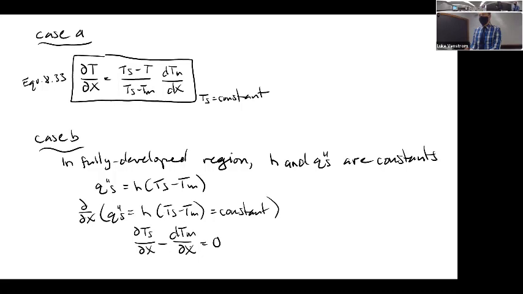That means that this difference must be 0 in the derivative case. So that means that dTs dx has got to equal dTm dx in case B. So just from that logic, we anticipate that this difference has got to be fixed, so those slopes have to be the same. Now we're going to take this idea and put that into equation 2.